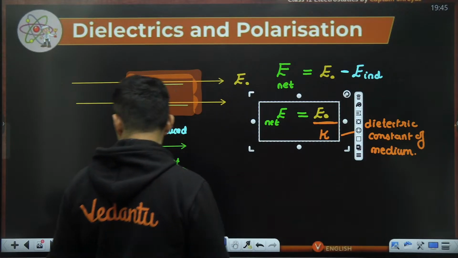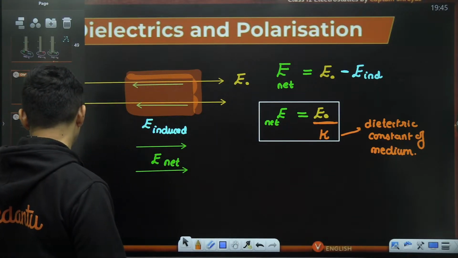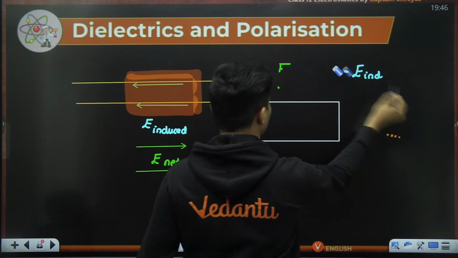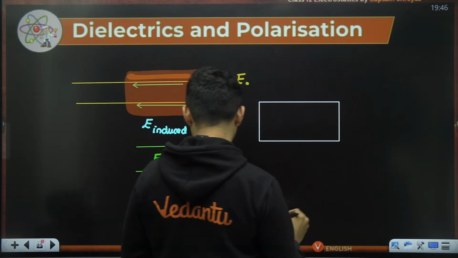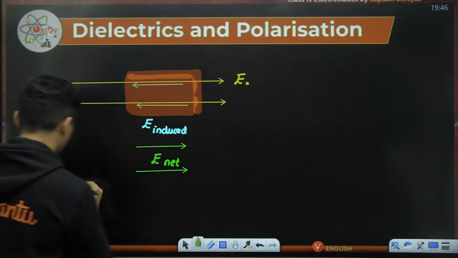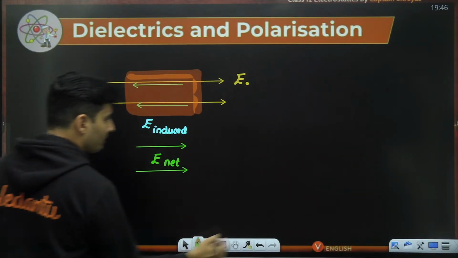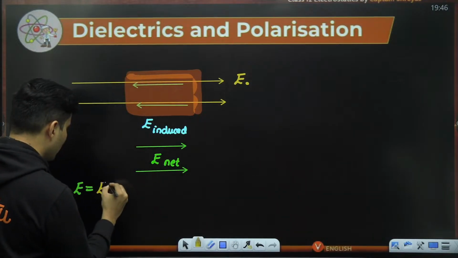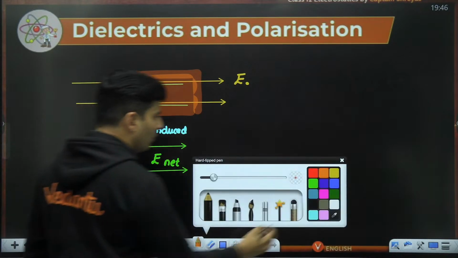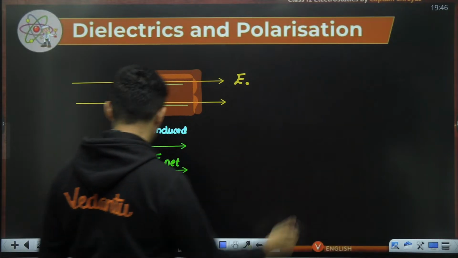Now, from this particular formula, you can get a lot of other formulas as well. For example, let me show you. If you continue with that formula, which is E is equal to E naught divided by K, now we can find out how much is E induced.